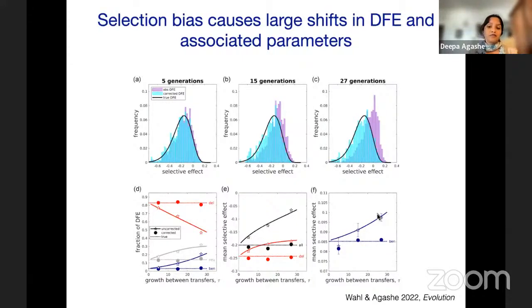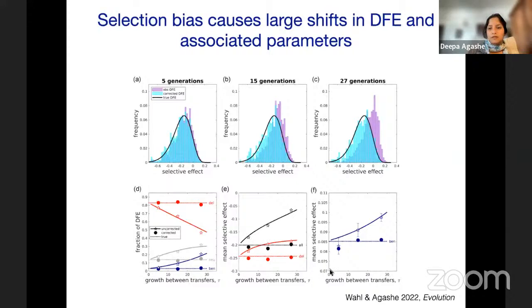If there is such a thing as the real underlying DFE, it should not change as the number of growth cycles increases in your experiment, right? And so the correction works, because it basically stays constant, and the correction is useful then, and it's more accurate. It matches the true DFE much better, which is shown in the dotted lines here.